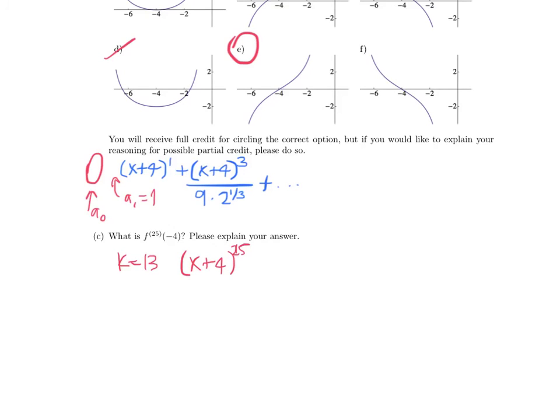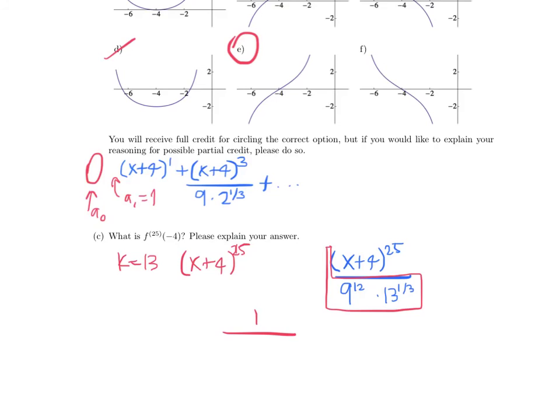And so let's take a look at that term, because the coefficient on x plus 4 raised to the 25th is where we find information about the 25th derivative evaluated at the center. It will look something like this. And we can see the coefficient is actually all of that on that term.